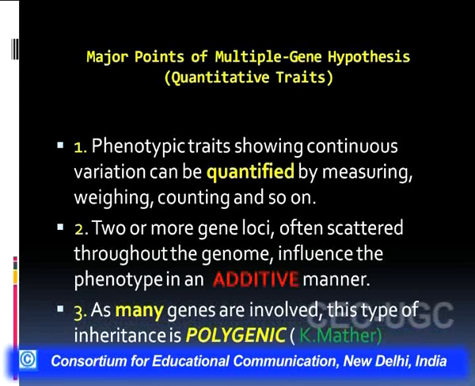In other words, the more dominant genes there are, the more intense that particular character will be, be it height, skin color, darkness of our eyes, or the weight of seeds and so on.